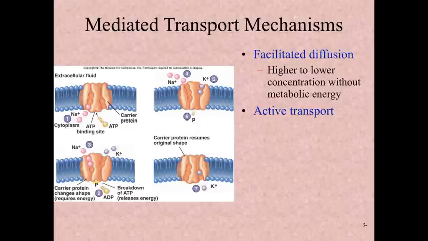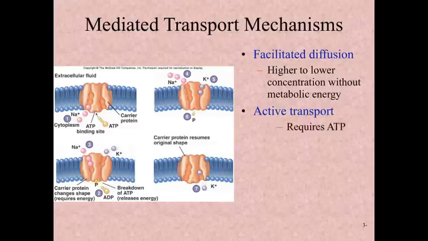And then we talked about active transport, where in this case a carrier protein is involved, but rather than passively assisting a molecule move across a membrane, this is going to require ATP energy. And this is going to generally move substances in the opposite direction, going from an area of lower concentration to an area of higher concentration. So it works against the concentration gradient, or against the natural direction of diffusion.